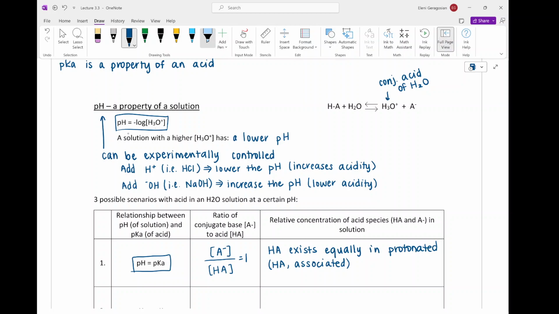So protonated meaning the proton hydrogen is still bonded to the rest of the acid molecule. Associated meaning the same thing. The hydrogen and the rest of the acid molecule are associated or bonded together. So HA exists equally in protonated and deprotonated. Meaning A-, so conjugate base or dissociated.